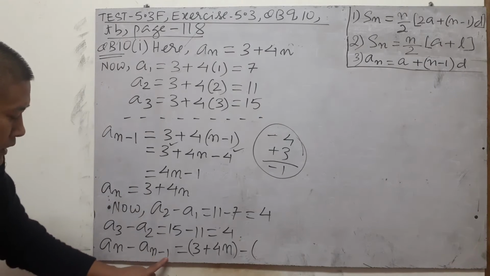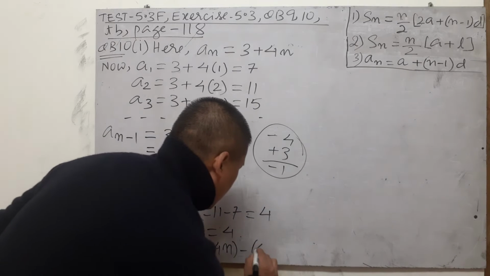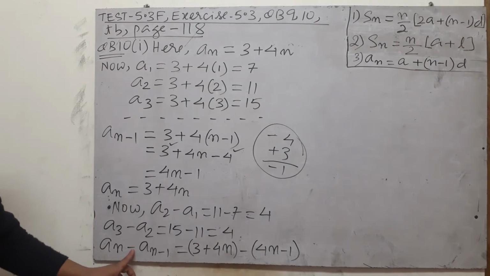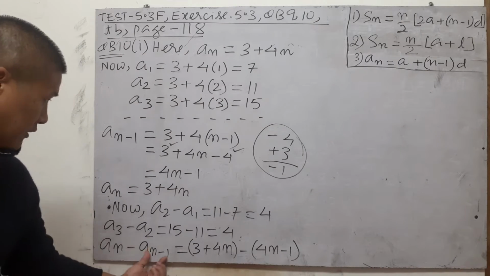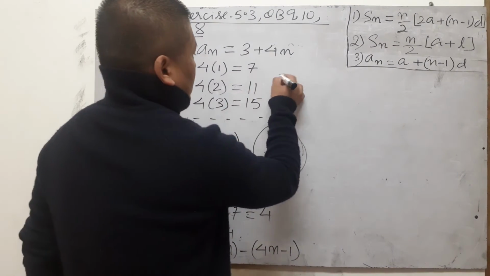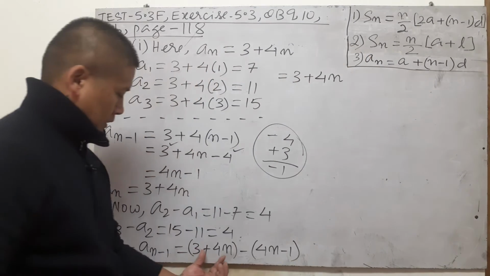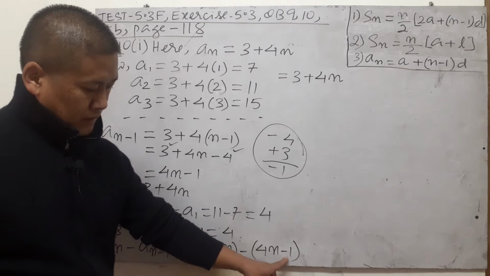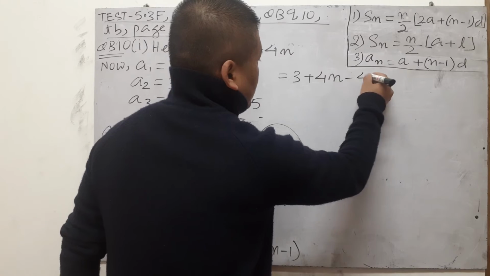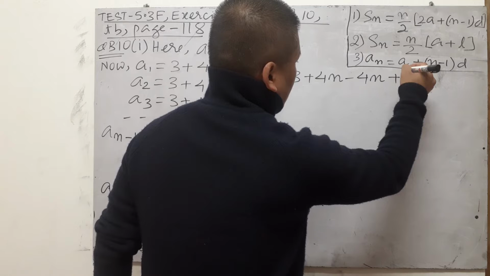Then an minus 1 value here is 4n minus 1, so 4n minus 1, and we need to put this bracket because there's a minus here. An minus 1 value, this one we have put, they'll give you equal to 3 plus 4n, then this minus, when we multiply to the 2 inside terms, bracket will get removed, so minus and the plus is minus 4n, and minus and the minus is plus, so plus 1.